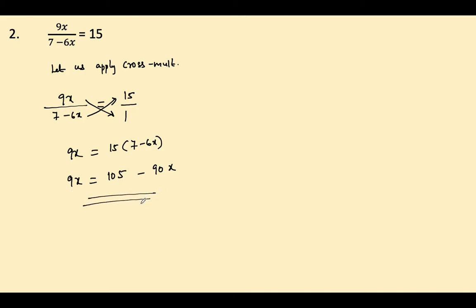Now this is a linear equation with variable terms on both sides, 9x here and 90x here. When I want to find the value of x, we need to bring all variable terms to one side and all the constant terms to the other side of the equation, isn't it?